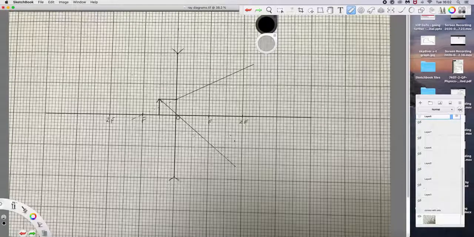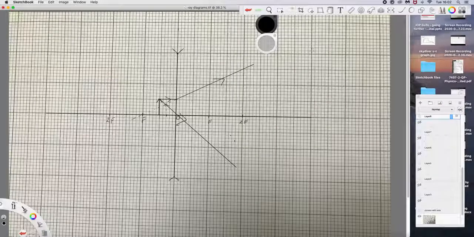Ray through the optical center. So the image forms where these rays appear to meet. Now there's only one real ray here, so this is not a real image, it's a virtual image.